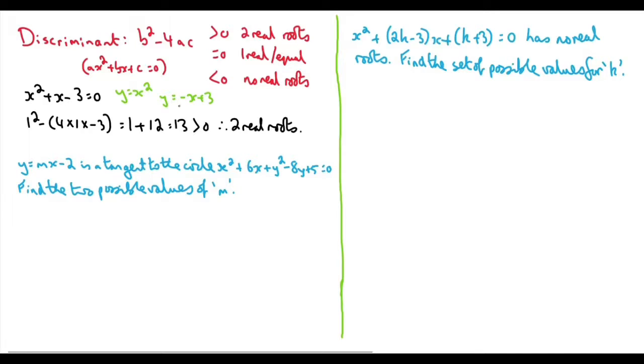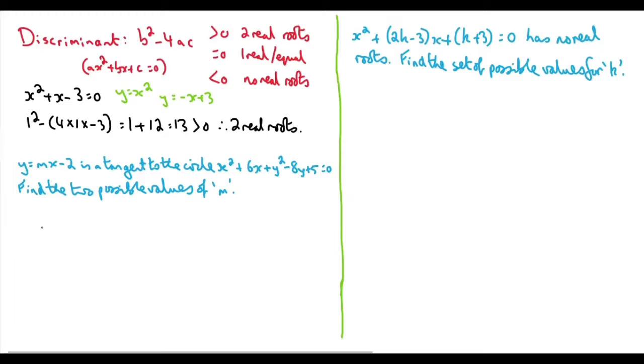If that was the case, what we're saying by the 2 real roots is that there are 2 points of intersection between these 2 lines. Again, it's not telling us what those coordinates are, but it's telling us how many we should be expecting to find.